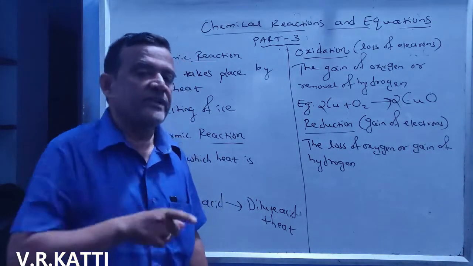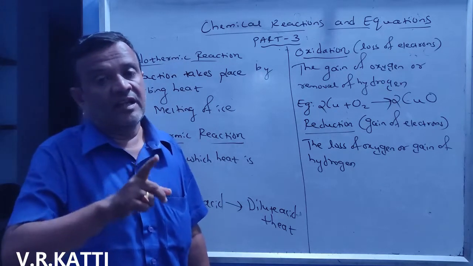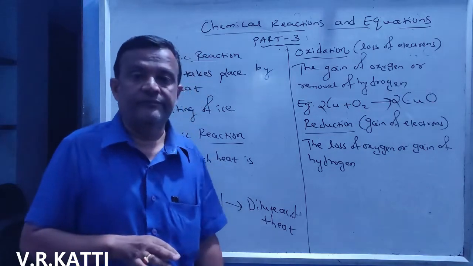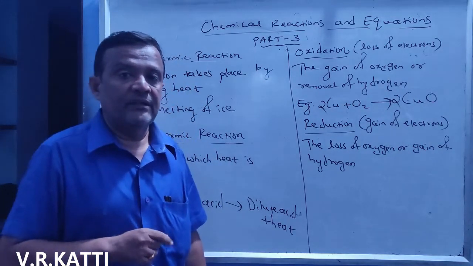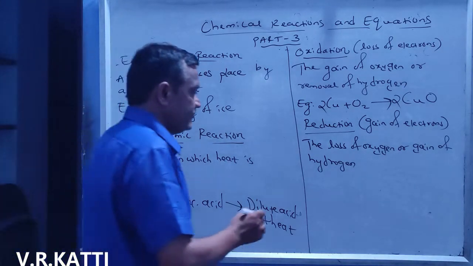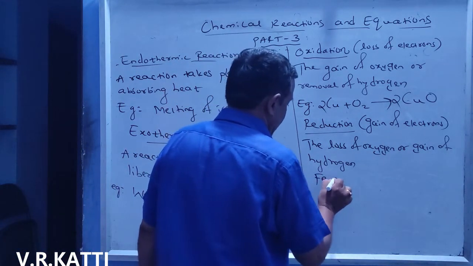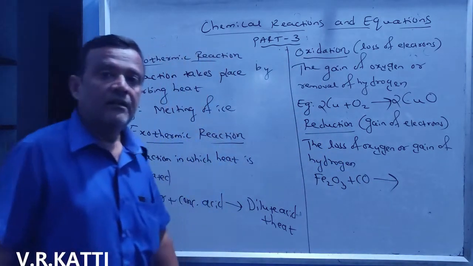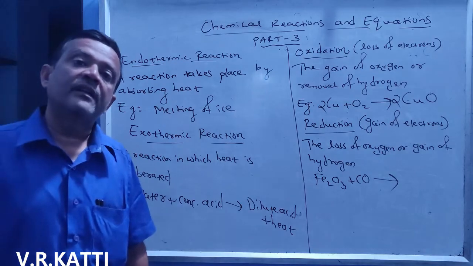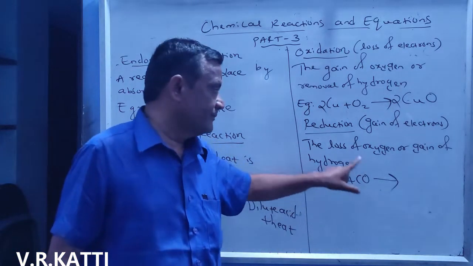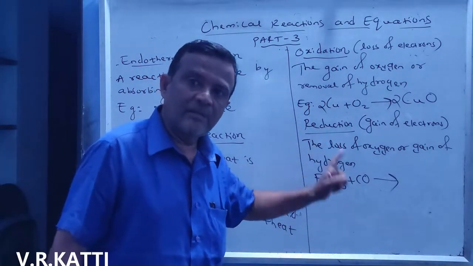For example, iron oxide, Fe2O3. The reducing agent is carbon, that is coke. With the help of coke we obtain carbon monoxide.